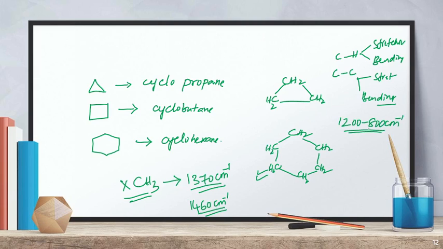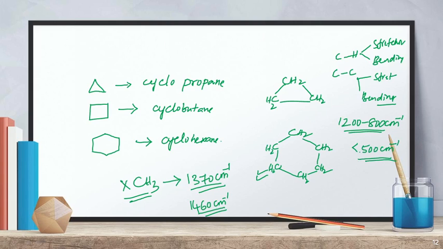So this is the stretching vibrational frequency for C single bond C. But for the case of bending, if you want to find the bending vibration for C single bond C, it will not be found in the IR region, because CC bending vibrations are less than 500 centimeter inverse.